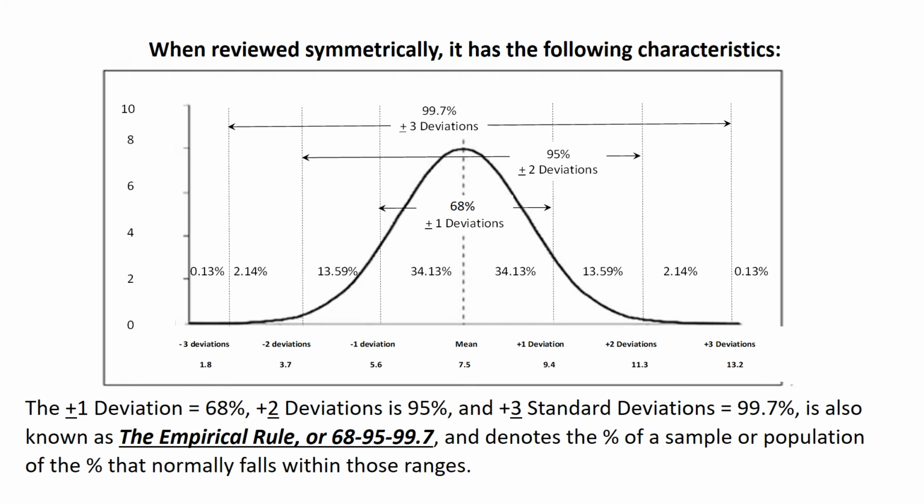And that's what I've shown you right here. 68% go between -1 and +1 deviation of all the data, 95% fall between -2 and +2 deviations, and 99.7% falls between plus or minus 3 deviations. This is known as the empirical rule, 68, 95, 99.7. And this basically says this is how a normal distribution is seen and recognized.